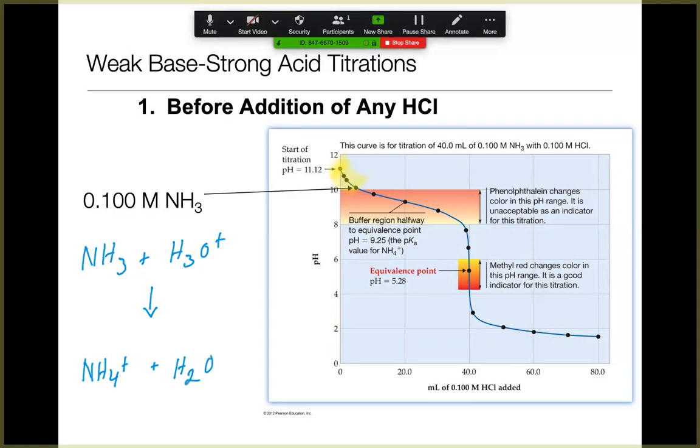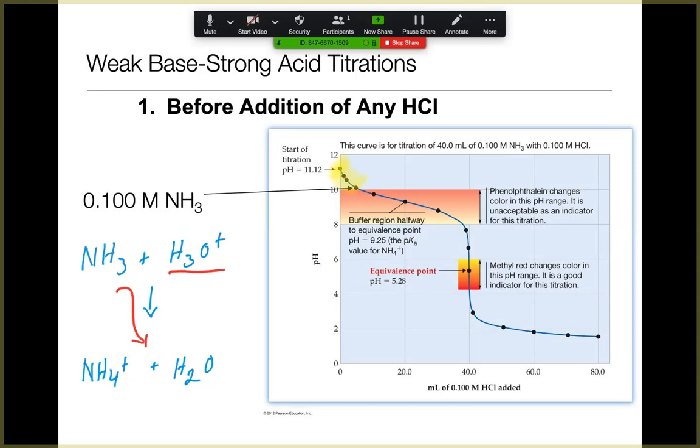And so that's the process that I'm looking at. So as more and more of the acid is titrated in, more and more of that ammonia, which is basic, is being converted into ammonium, which is slightly acidic in water. So you would predict a small decrease in pH. And it's exactly what we see.